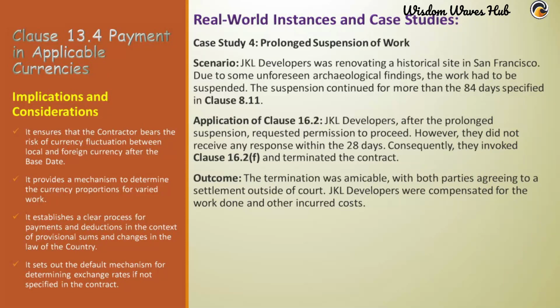However, they did not receive any response within the 28 days. Consequently, they invoked Clause 16.2f and terminated the contract. Outcome: the termination was amicable, with both parties agreeing to a settlement outside of court. JKL Developers were compensated for the work done and other incurred costs.